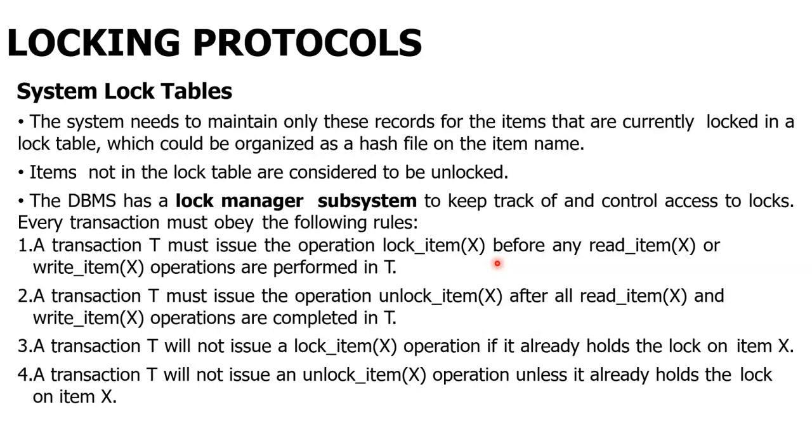That means if I didn't lock my item itself, how can I unlock? So my first case is you should lock your item before read or write. You have to unlock your item after read or write. You cannot give a lock when a lock is already present. And the final one is you cannot give an unlock item when there is no lock in the transaction itself.